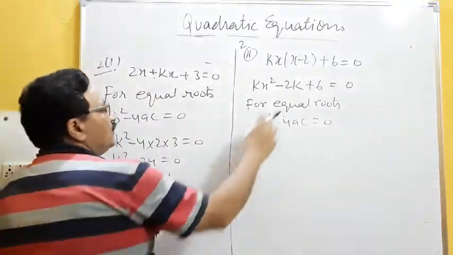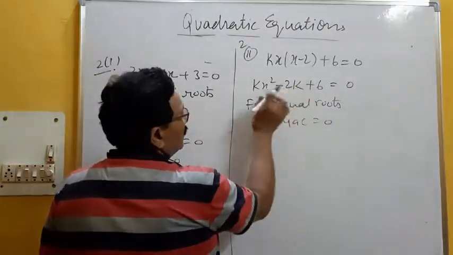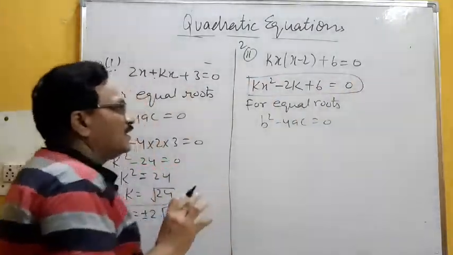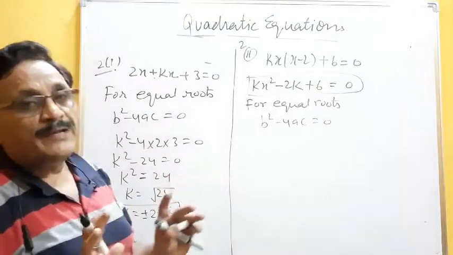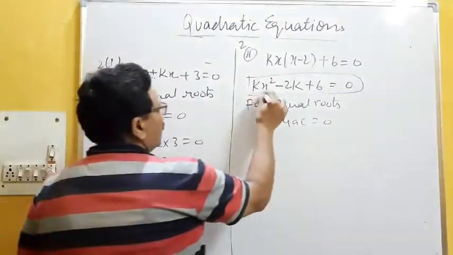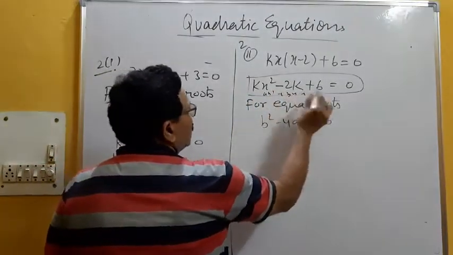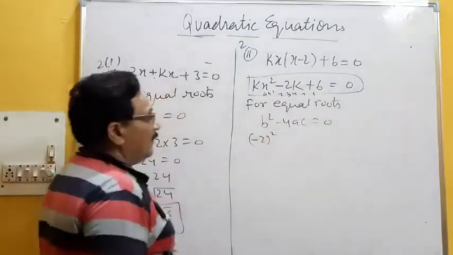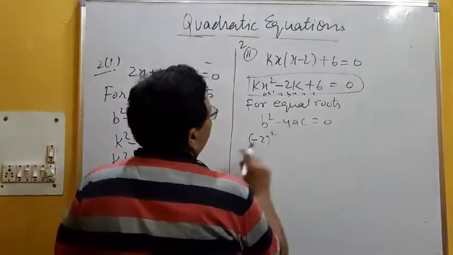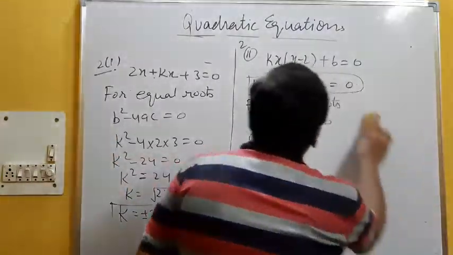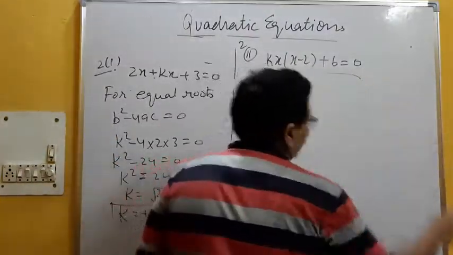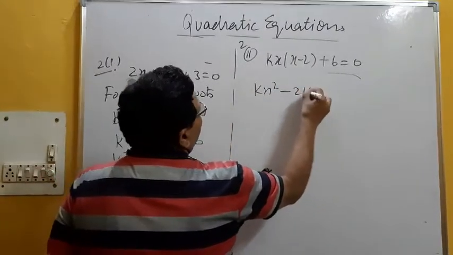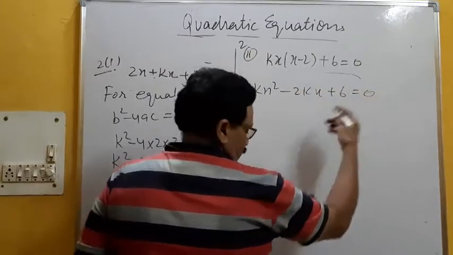Here b is not minus 2k, it is only minus 2k, because you are comparing this with the ax square plus bx plus c form of quadratic equation. So now the equation is kx square minus 2kx plus 6 equal to 0.